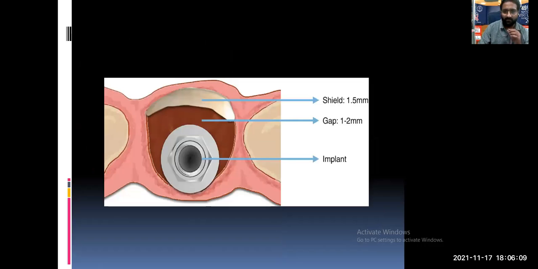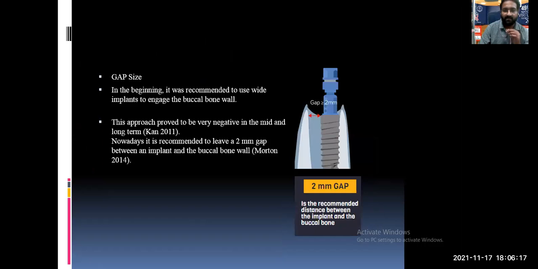So this is how it looks. A 1.5 mm shield thickness with a jumping distance of 2 mm, and then ideally a 3-dimensional position of the implant. So in 2011 and 2004, Martin and Kan recommended a 2 mm jumping distance between the shield and the implant.